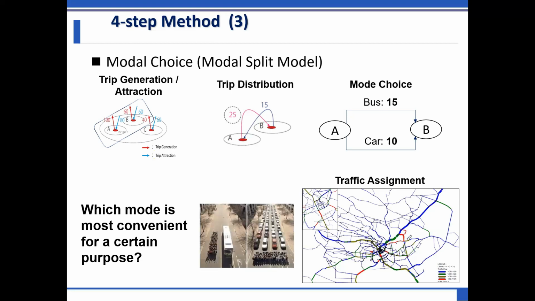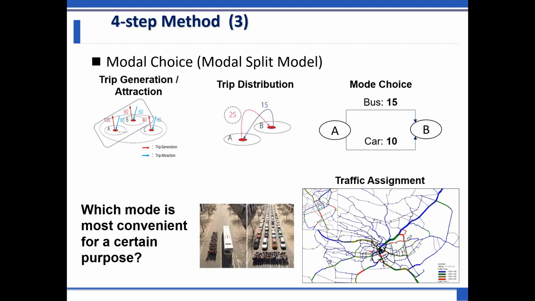And you know this figure, a very famous figure about how efficient public transport is in terms of the road space occupied. This figure shows the same number of persons in the left and right figures.